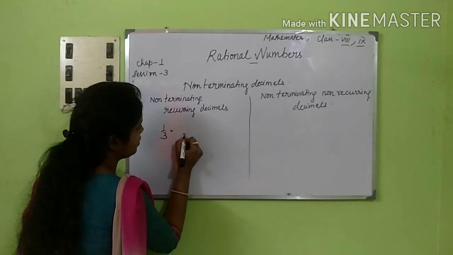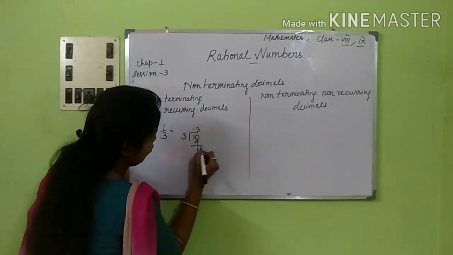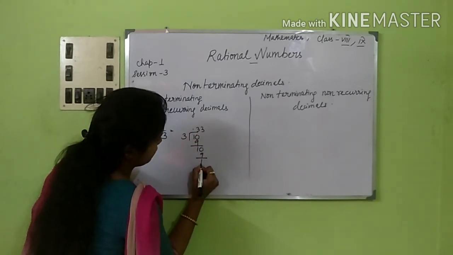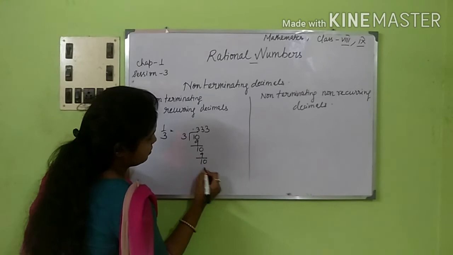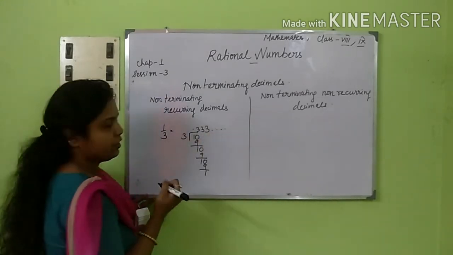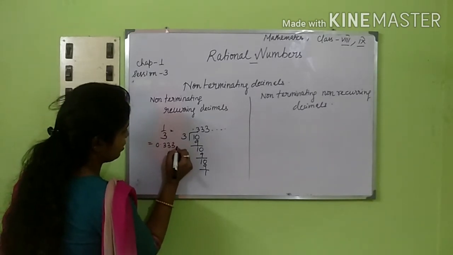So 3 is dividing 1.0, 3 threes are 9, remainder 1, then again 3, 0 comes down, 9, again 3. And see, like this it will continue. So the answer of this becomes 0.333 and so on.